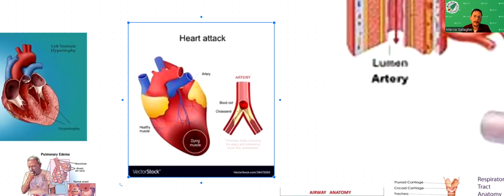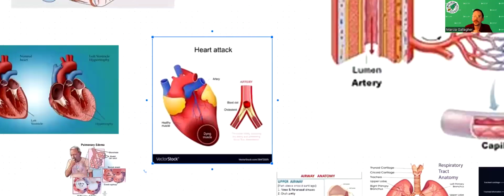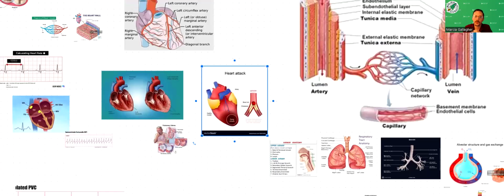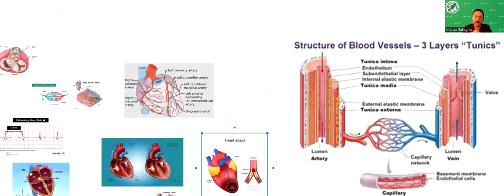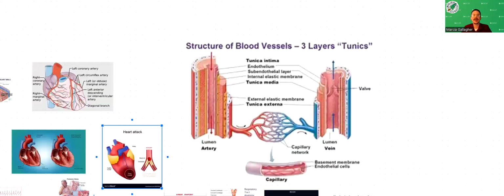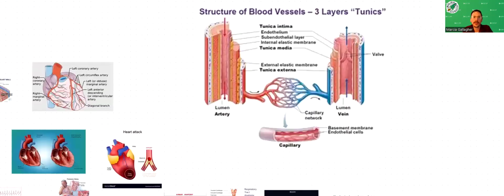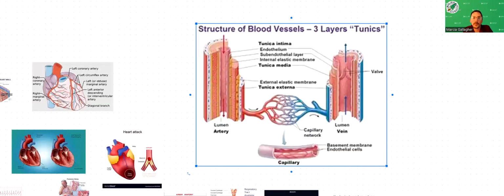Let's see. I want to go back a little bit to the vasculature real quick, talking about the mechanisms by which systemic vascular resistance is activated. So if I'm running and I'm getting hot and I need more blood to start pumping towards my legs and my arms and whatever muscles I'm using, my body is going to tell my heart, hey, we need to pump faster.